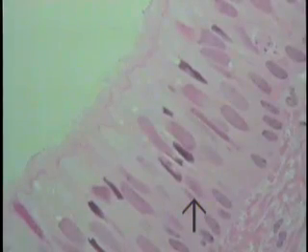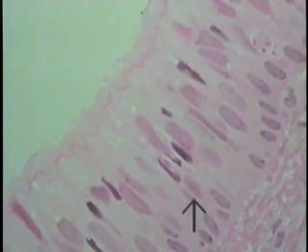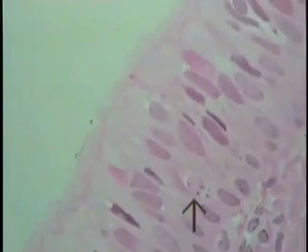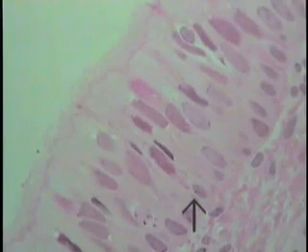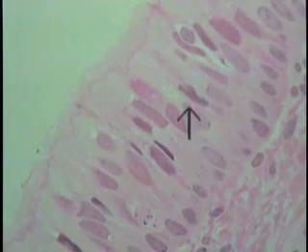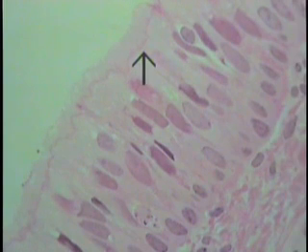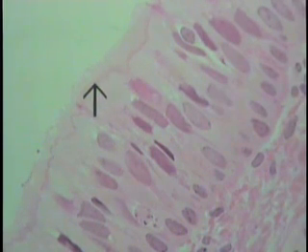Increasing the magnification slightly and moving along, if we look at the apical area of this particular epithelium, once again, with this type of preparation, you can begin to make out the basal bodies.